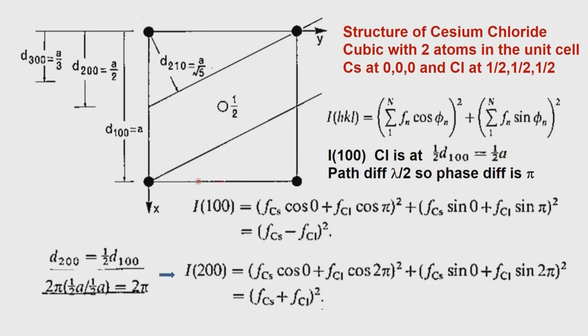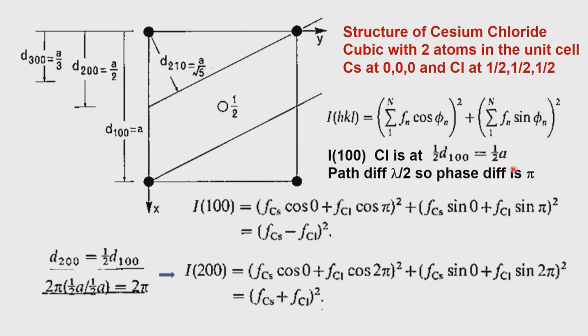The atom is sitting halfway between these. Since we draw a parallel line, we calculate the phase difference as capital D of HKL by small d of HKL, and that is equal to pi. The path difference is lambda by 2, so the phase difference is pi.